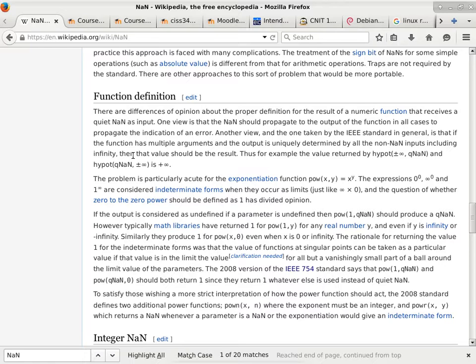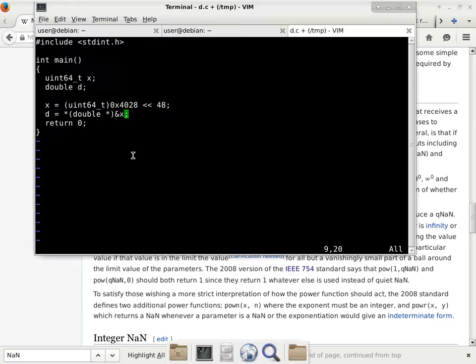We have all ones except for the sign bit, because we want all ones for the exponent, and then we want all ones for the fraction. Is my caps lock on? Yep, it is. That's why. Okay, so how do we specify a 64-bit number that is basically all ones except for the most significant bit?